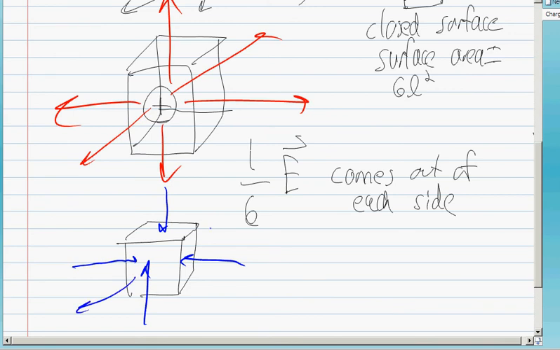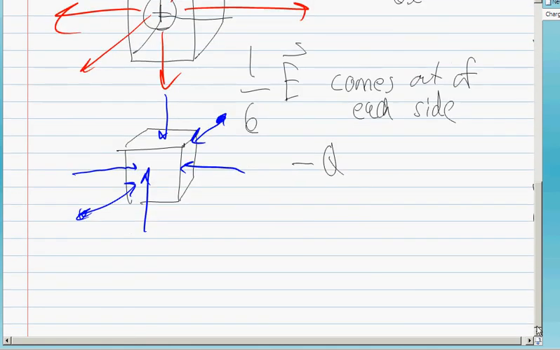One that goes that way, one that goes out that way. Oops, sorry. No, they went in. Sorry. In. Okay. In this case, you would say that inside here, there would probably be a negative Q. The same size, let's call this positive Q, the same size as the one above.